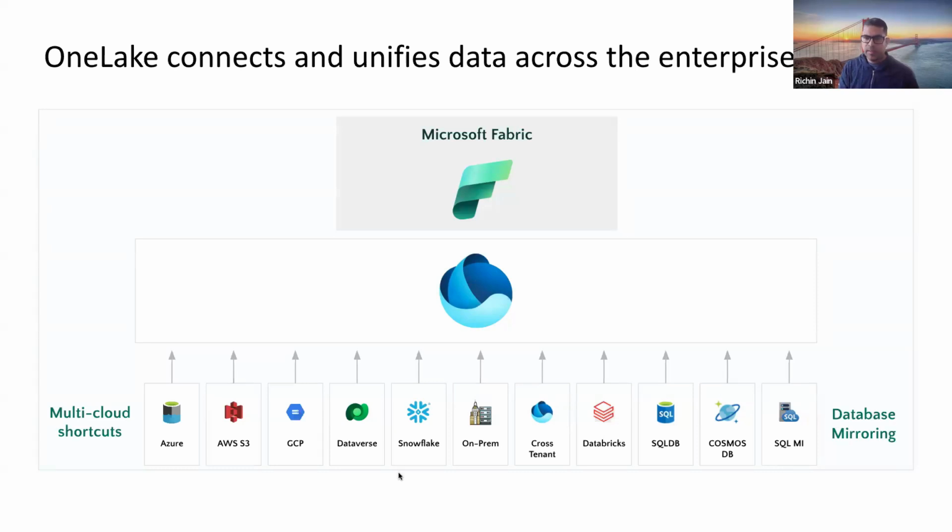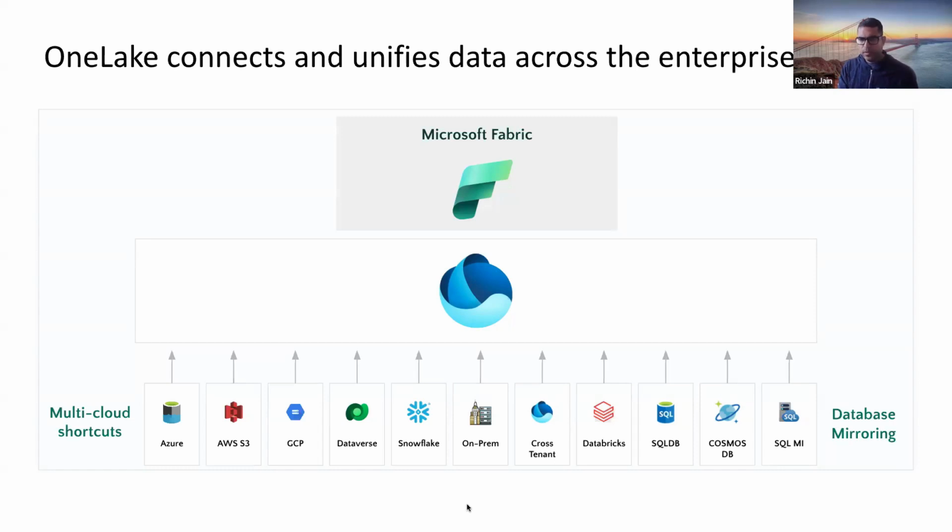So we provide capabilities to bring data in from Amazon S3, Google Cloud Storage, your on-prem sources. And recently, I've been working very closely with both Databricks and Snowflake for our customers to give them choices to bring the data into Fabric through OneLake.